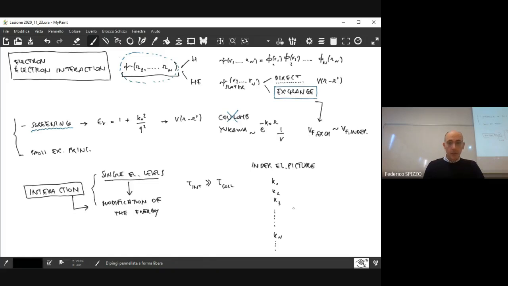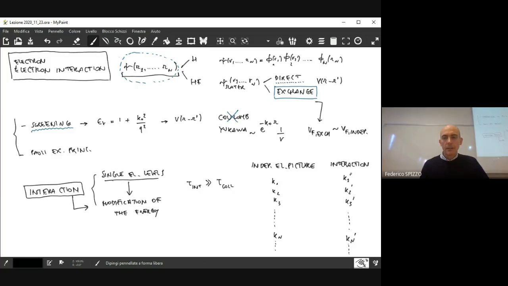So in both cases, we may define a set of levels that the electrons should occupy when we include those electrons in the system. When we consider the interaction between the electrons, what we are saying is that we still have the opportunity to define single electron levels.